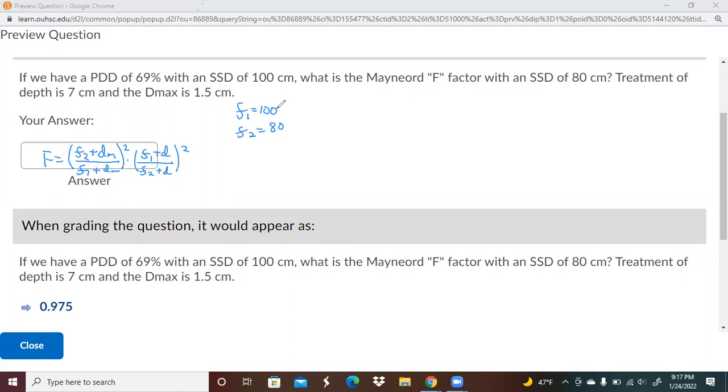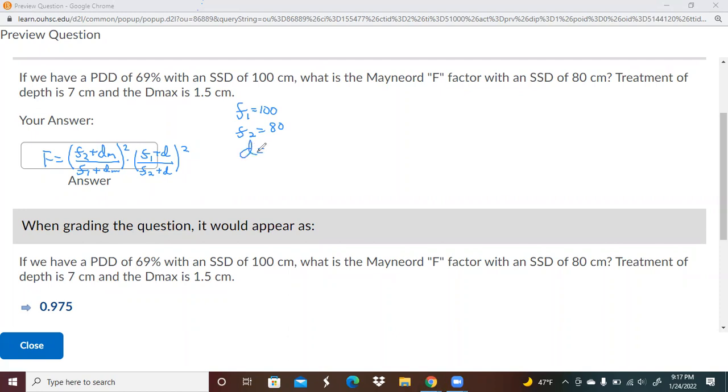Now, one thing that I want you to bear in mind as you are working these particular problems is that if we are moving from an SSD that is this big to one that is smaller, the Mayneord F factor should be less than 1. If, however, we end up moving from here to a bigger SSD, this will be greater than 1. So I want you to keep that in mind as you work the problems.